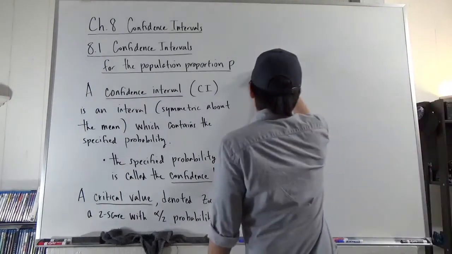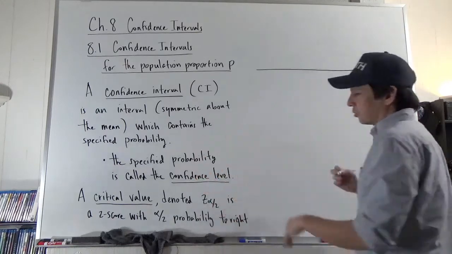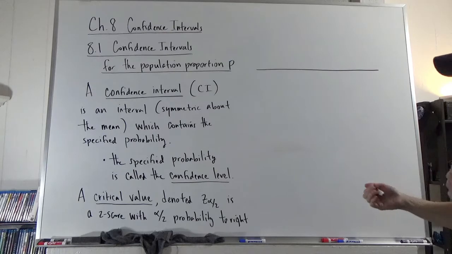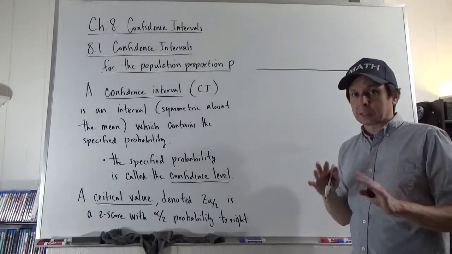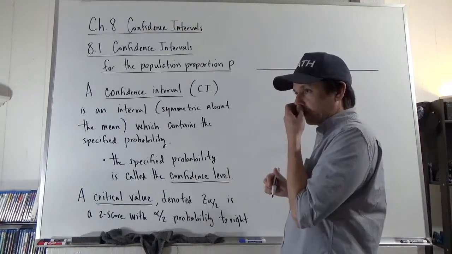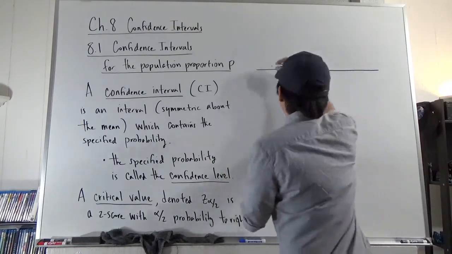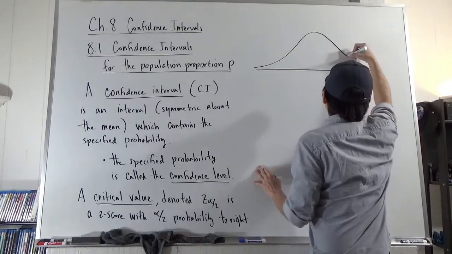But let me draw a picture about specifically how the alpha factors into this. It's a little bit weird. You don't really need to tackle the alpha over 2. You have actual numbers to work with, and it'll be simple. It'll be like those problems where you found the z-scores that trap 70% in the middle. But the background for this is a little bit weird.